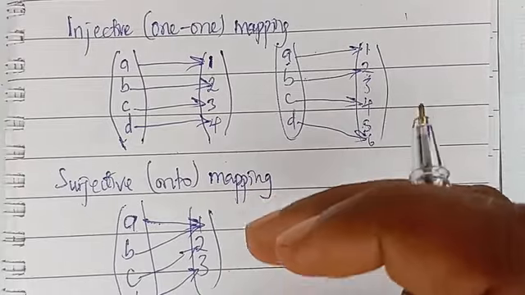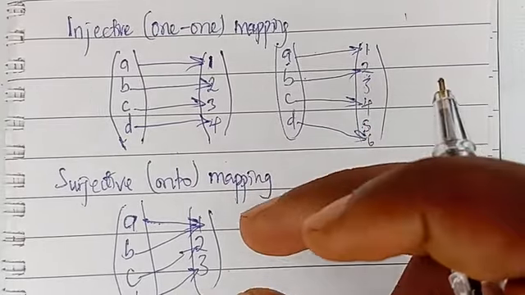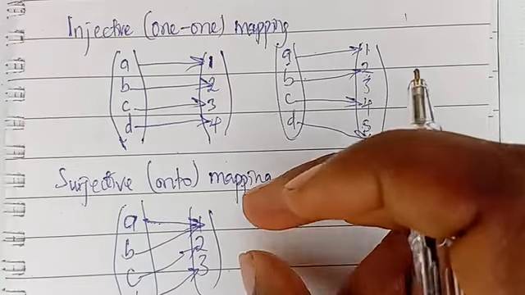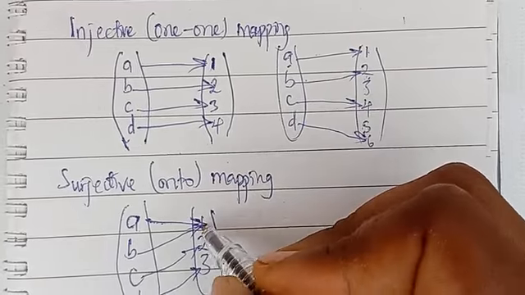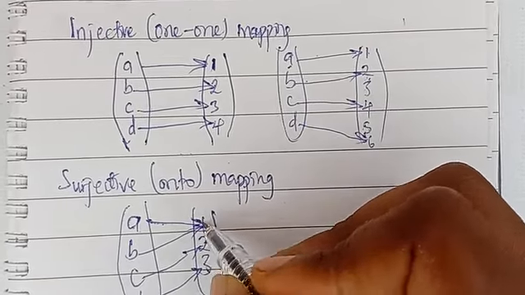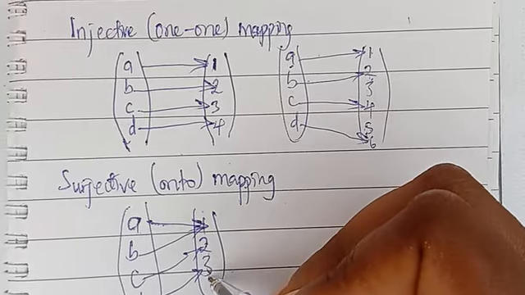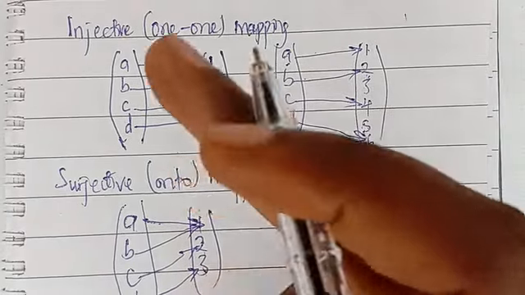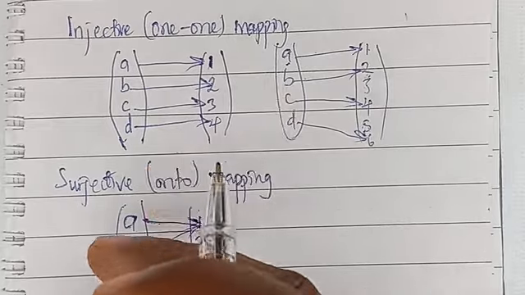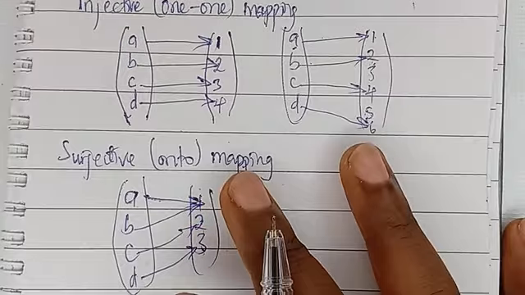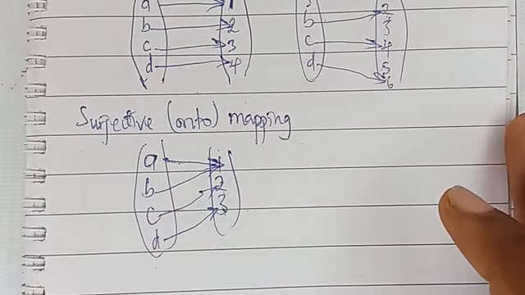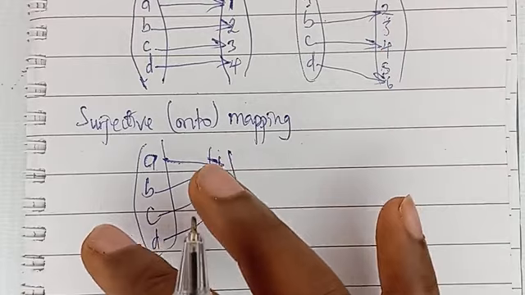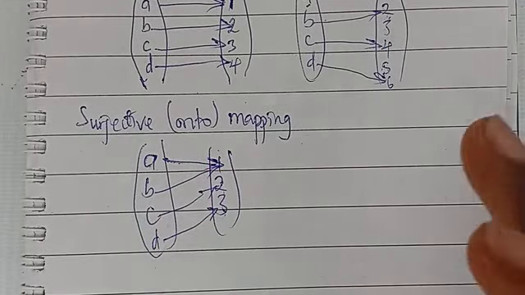This is also a surjective mapping, because in surjective or onto mapping, what we look out for is that every member of the codomain has an element on the domain side that it has been mapped to. Everyone is mapped out.